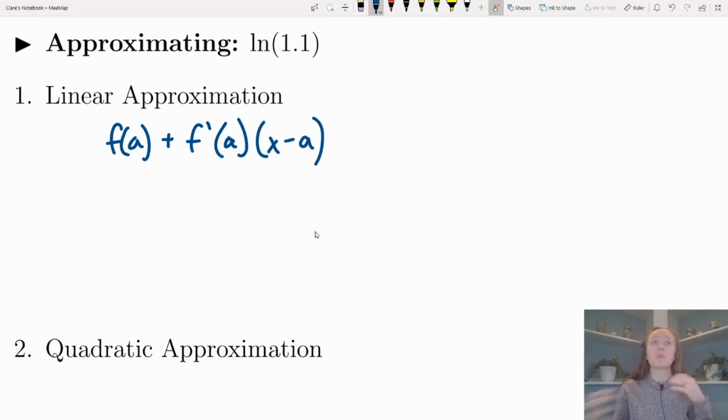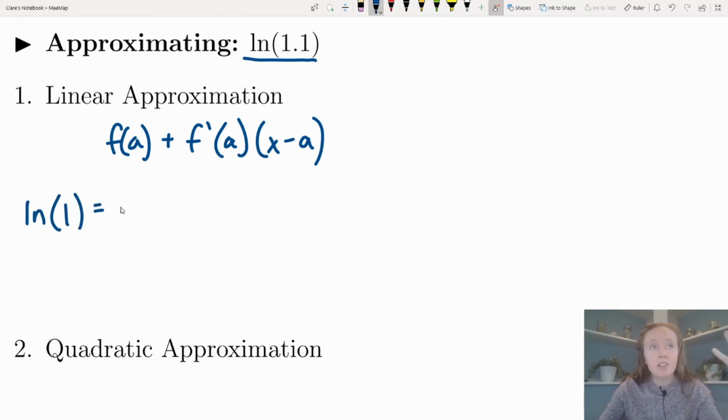And how we build upon this linear approximation is we take a value that's easy to find within our function. So for ln of 1.1, a value that's easy, that we know right off the top of our heads, is the ln of 1. The ln of 1 is equal to 0. Right? That's something we know.